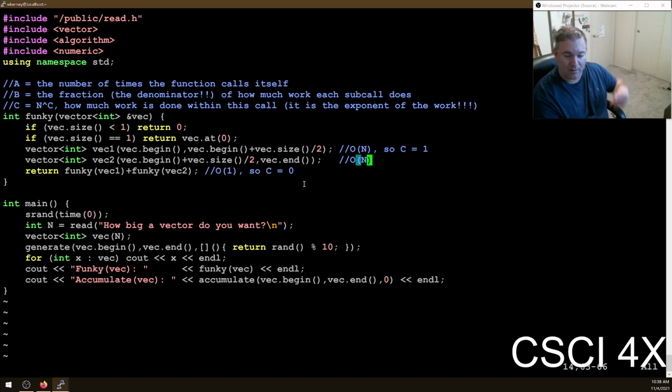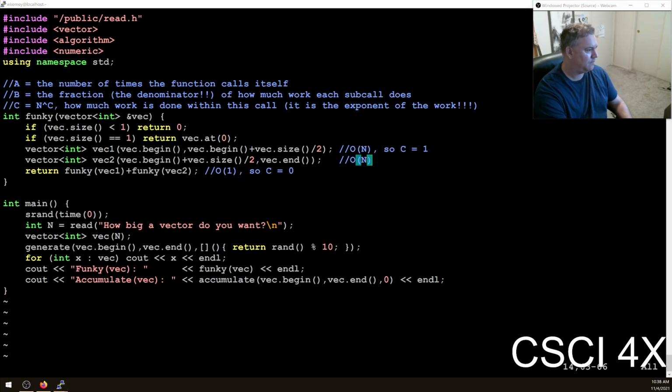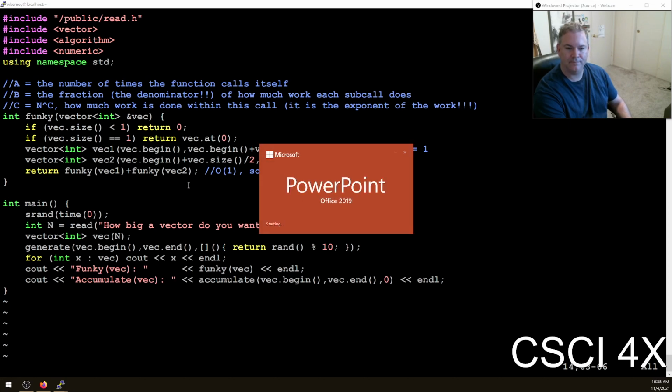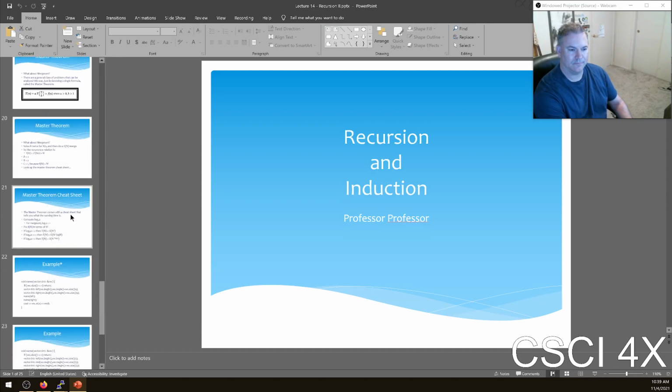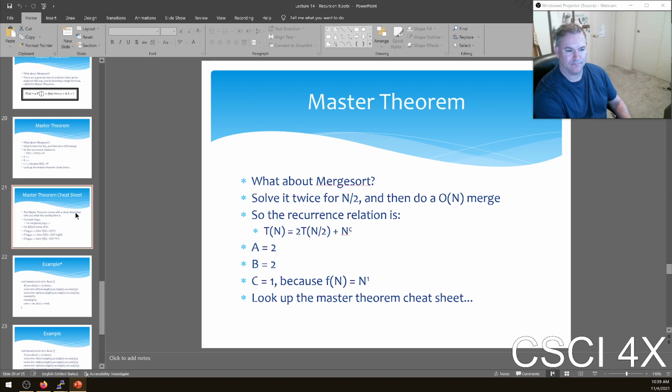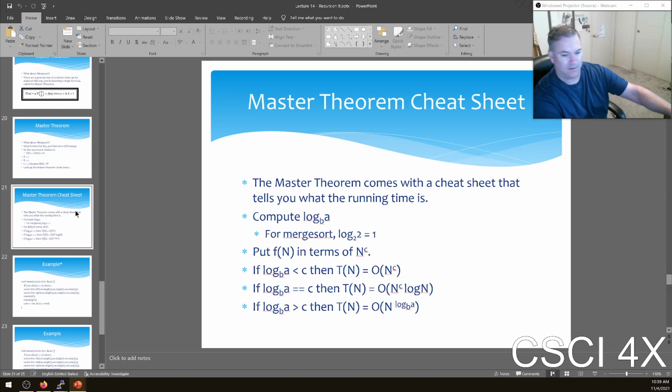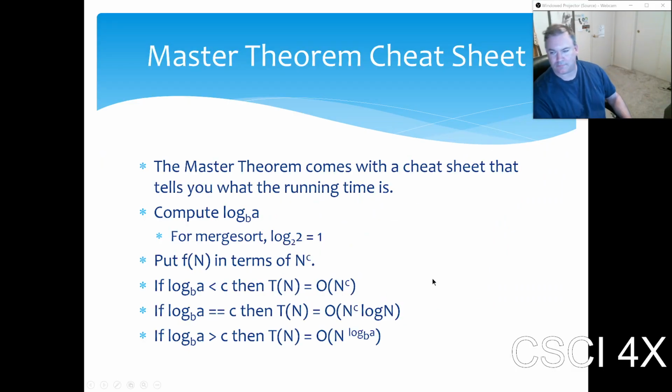So what is C? Okay. All right, so now we just look at the cheat sheet for this. Okay, so the log base 2 of 2 is 1.